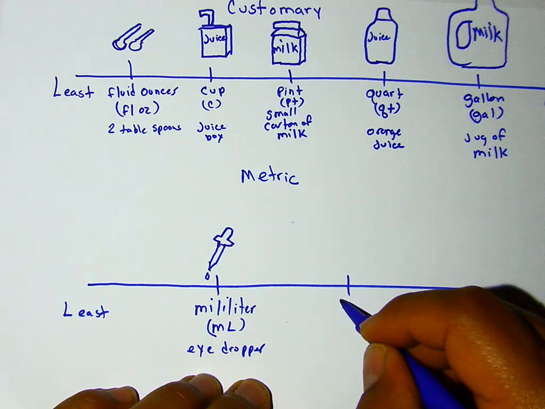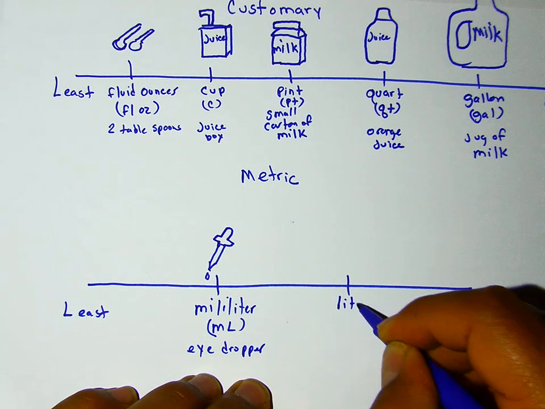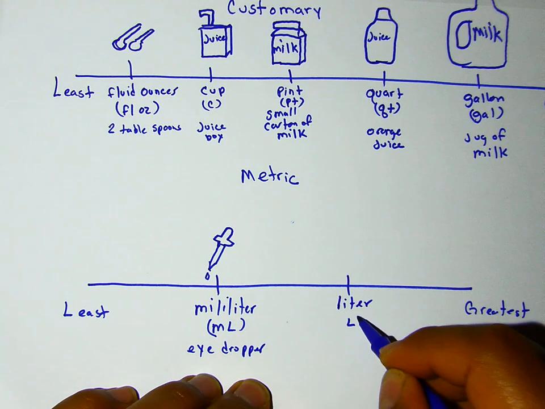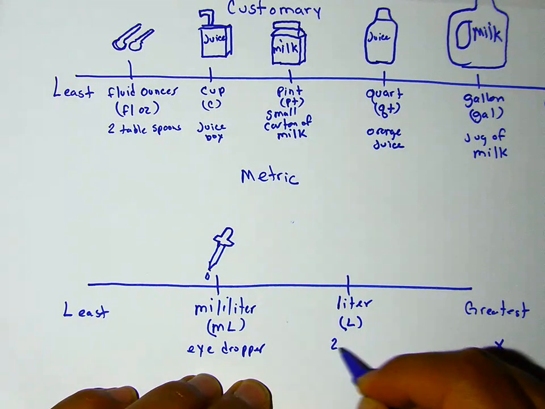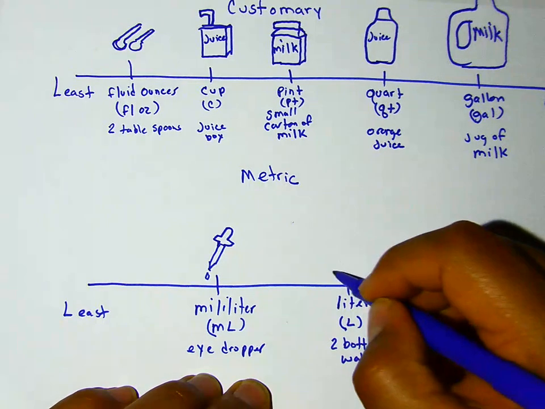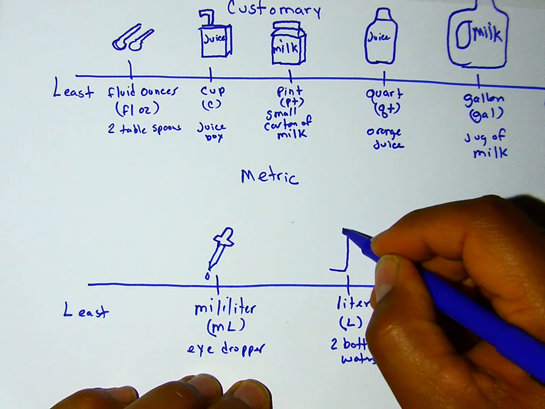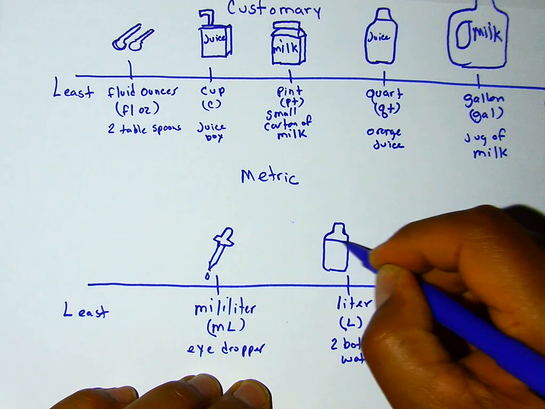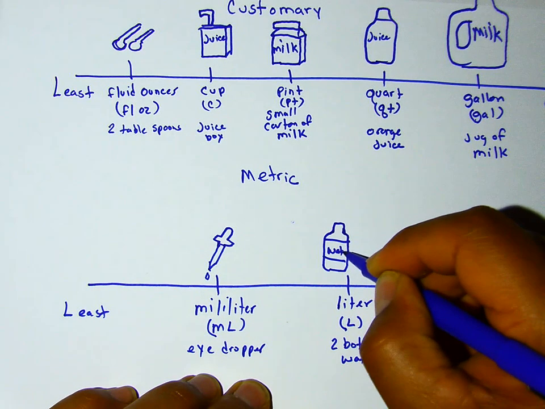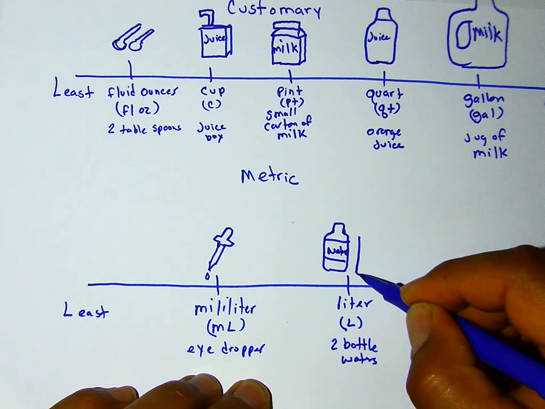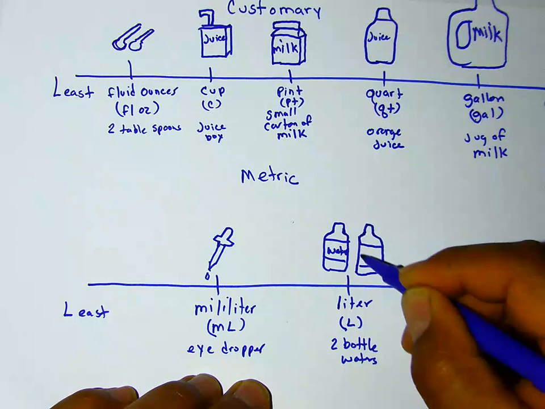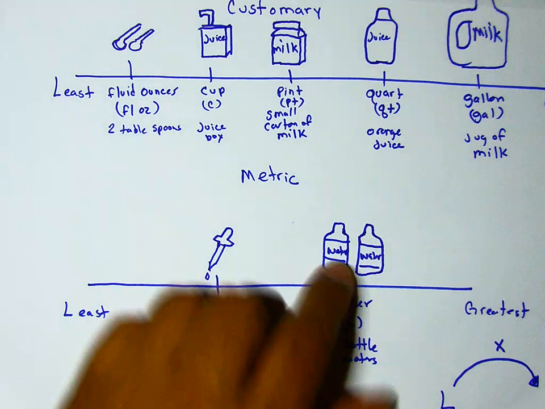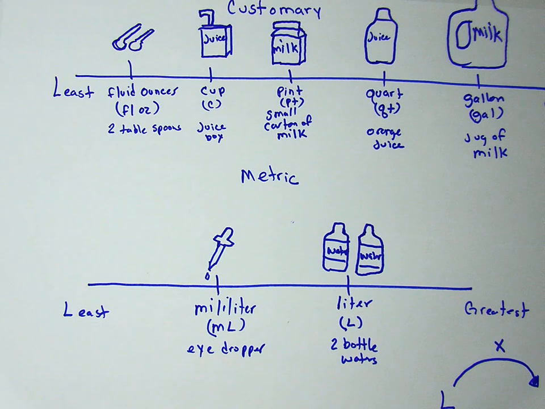And then we have the liter, and we abbreviate it with an L. And this would be about 2 bottled waters. So about 2 bottled waters is about a liter.